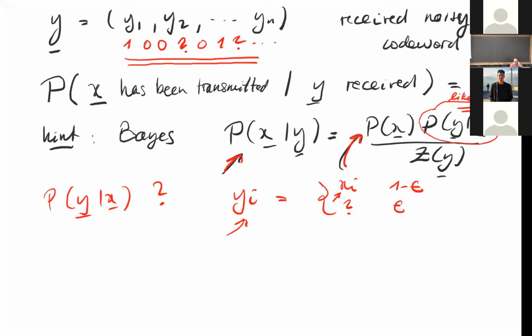Each Yi only depends on one given Xi. Which means that this probability of Y given X should be written as a product over i of P of Yi given Xi. So now the question is, what is this function? I essentially gave you almost everything. Now we have to think about that.